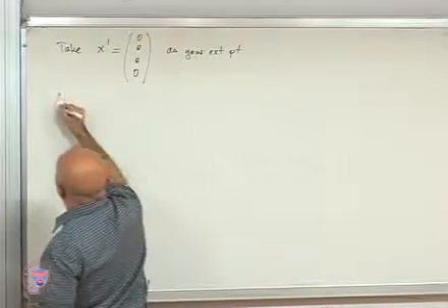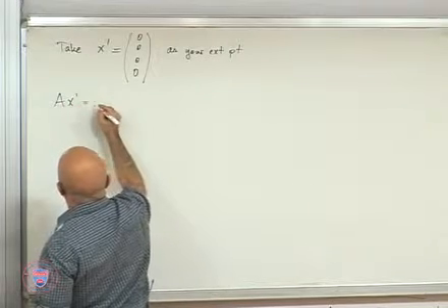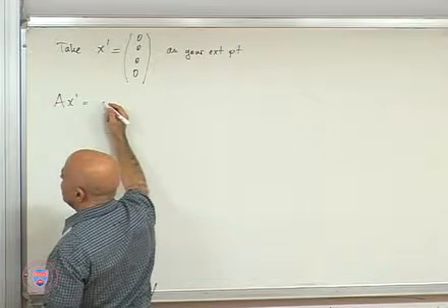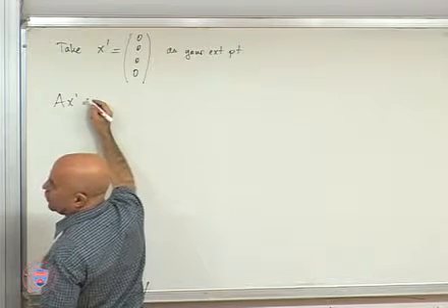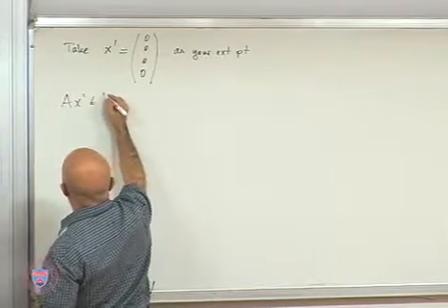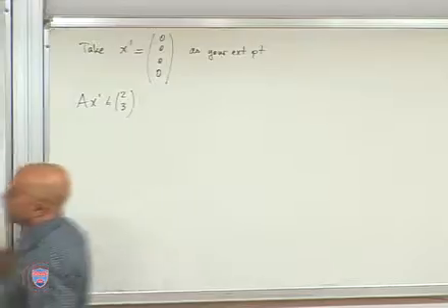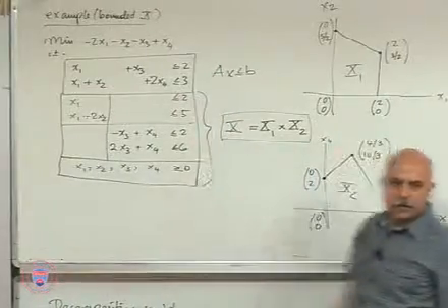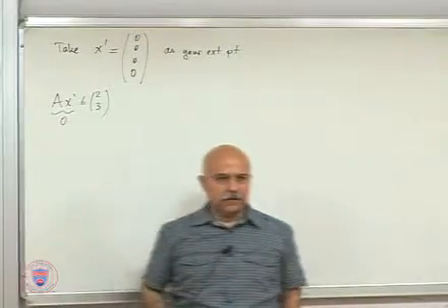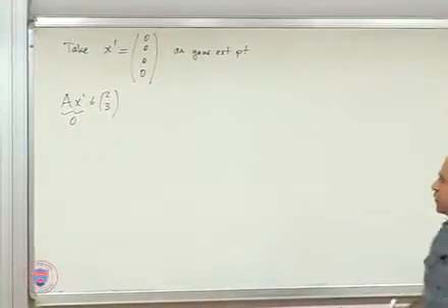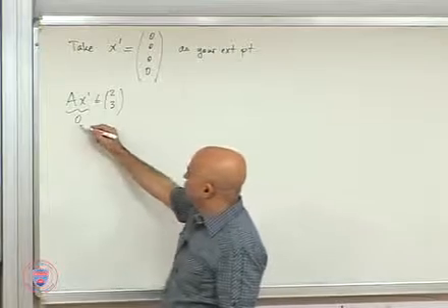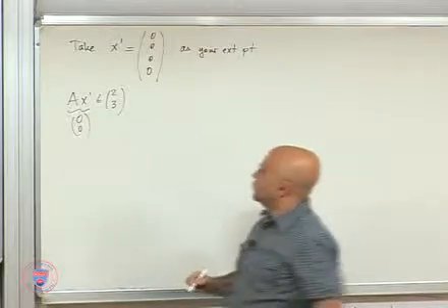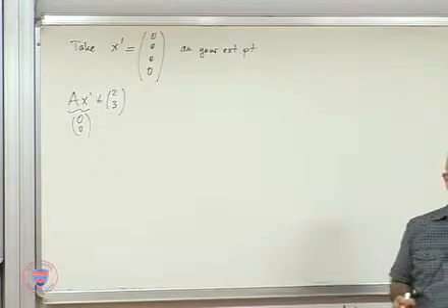In this case, A times x1 is less than or equal to (2, 3), which is the b vector here, because when x1 is 0, it's simply the vector of zeros. So it does satisfy the condition that we looked for.